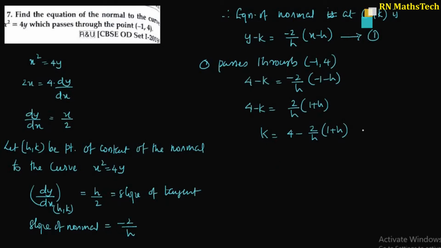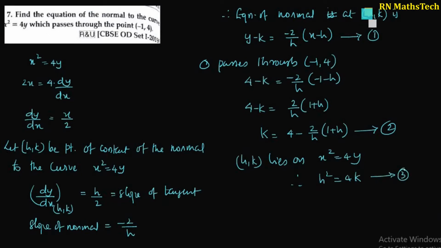Let it be equation number 2. Now (h, k) lies on this curve, that is the point of contact. So (h, k) lies on x² = 4y. Therefore h² = 4k, equation number 3.